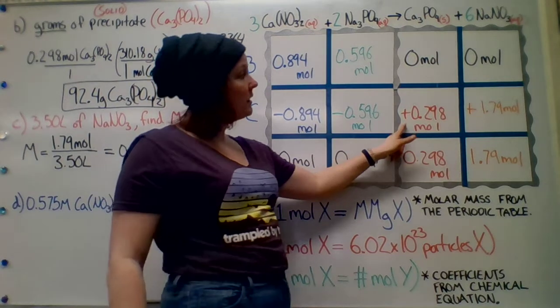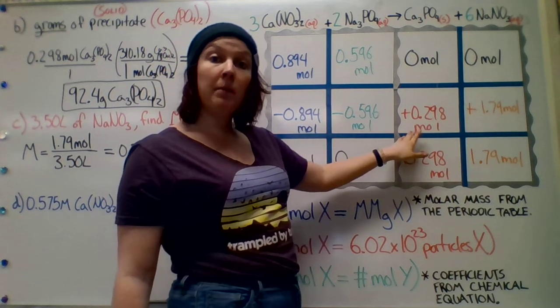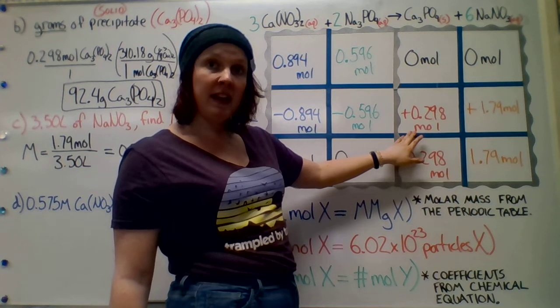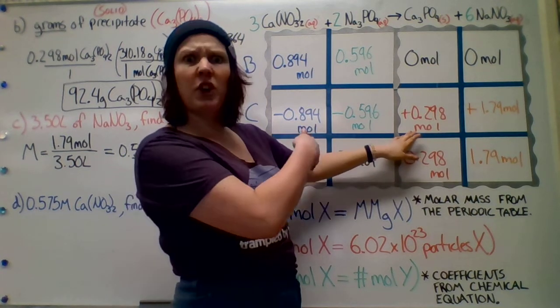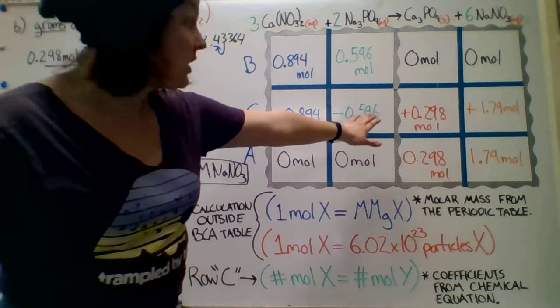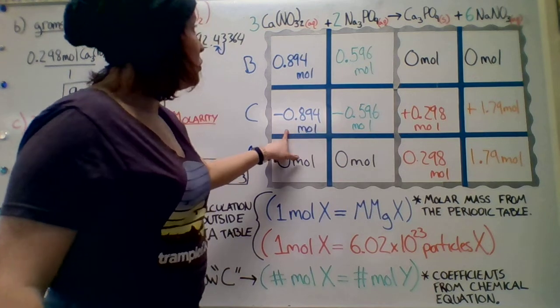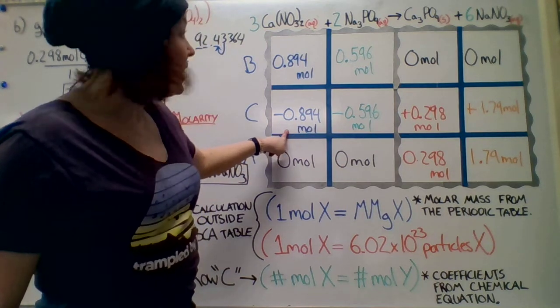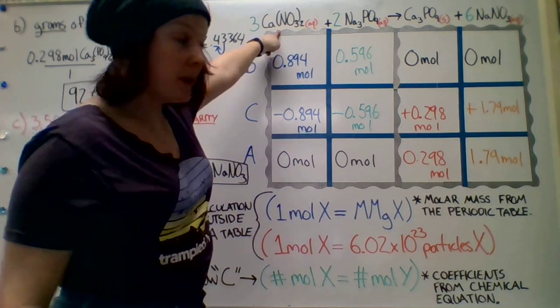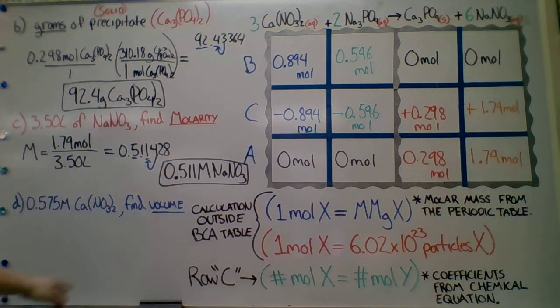So all they're saying is that we need to produce the same number of moles of calcium phosphate as when we started this problem. Do not pay attention to that last bit. It's going to throw you off. What they're saying essentially is you should have the same number of moles of calcium nitrate also because this ratio is the same. Okay?